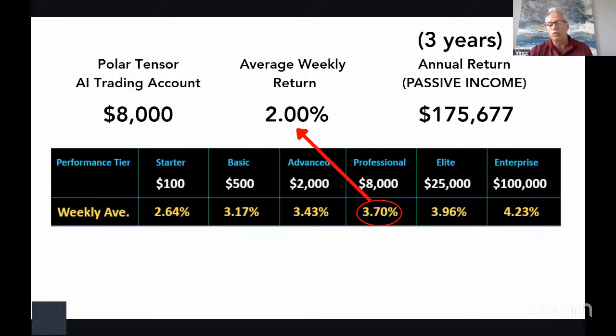But this is with 2% a week. If you did factor in even 3%, which is still less than 3.7, that would be $804,000 over the course of 3 years. So, when you look at these numbers, for me personally, again, diversifying made sense.